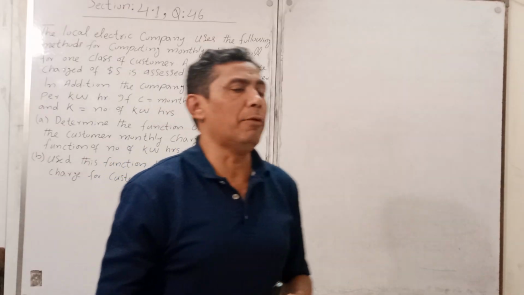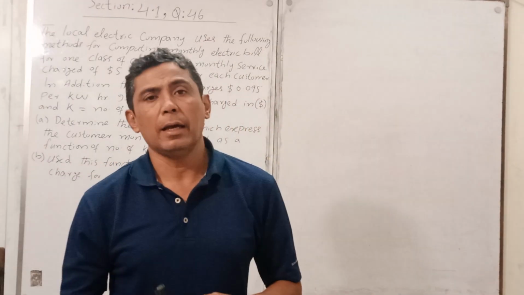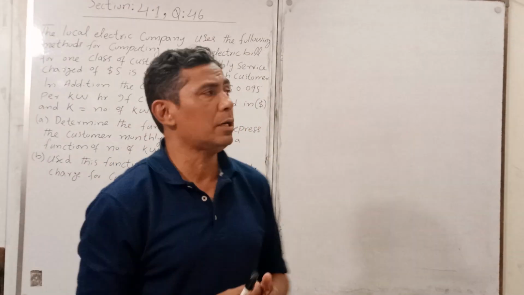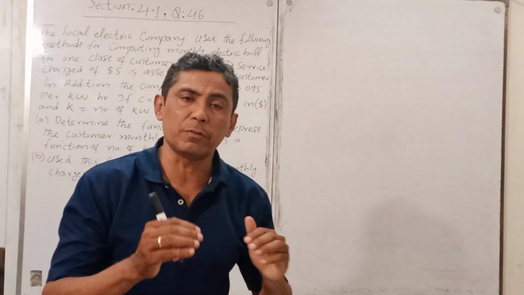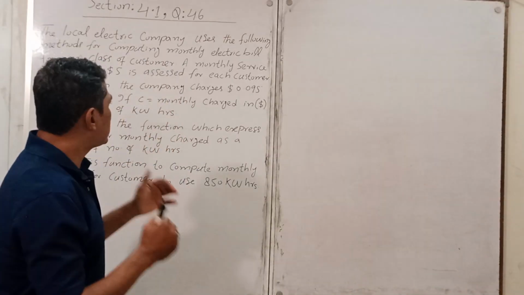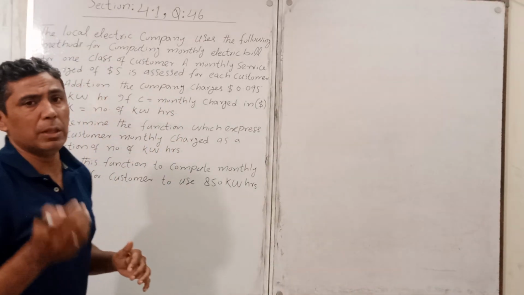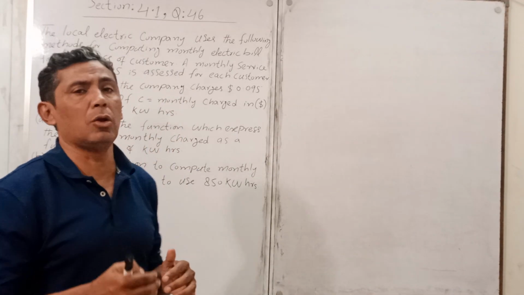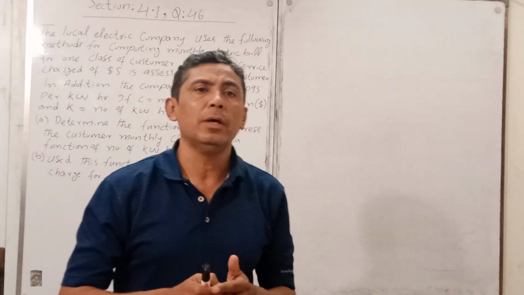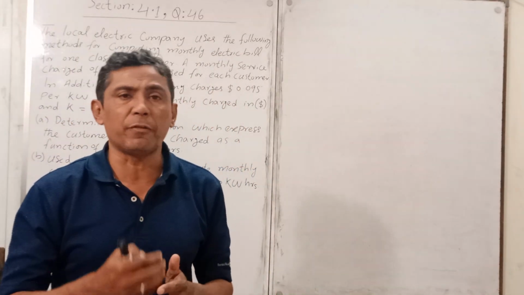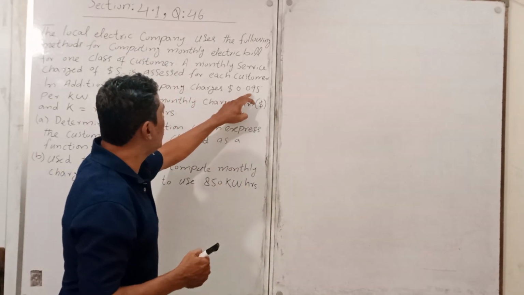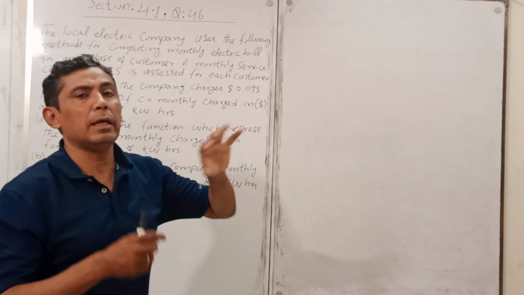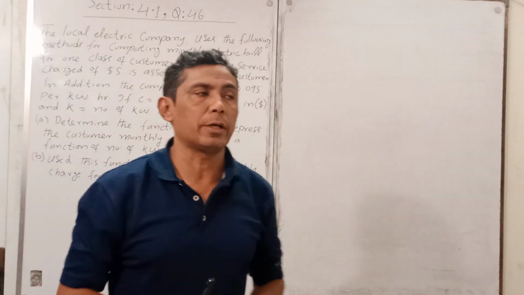Now every customer has to pay $5, that is a fixed charge for the services of K Electric. Second, there are some variable charges, per kilowatt hour. If in a month you use different kilowatts, you have to pay $0.095 per kilowatt.